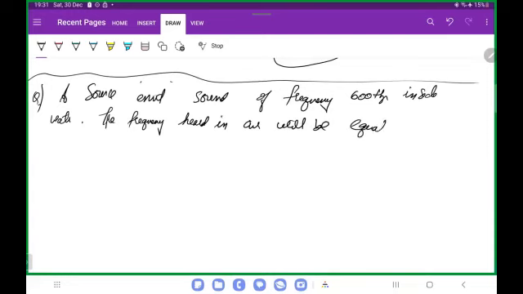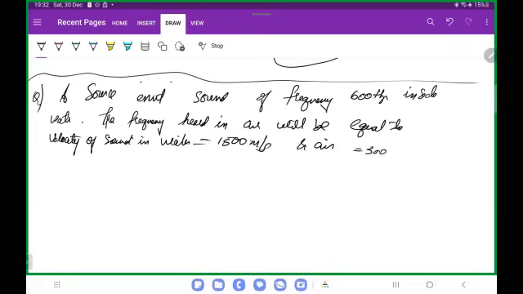The frequency heard in air will be equal to what? The velocity of sound in water is 1500 meters per second, and the velocity of sound in air is 300 meters per second. Okay. So what will be the answer here?